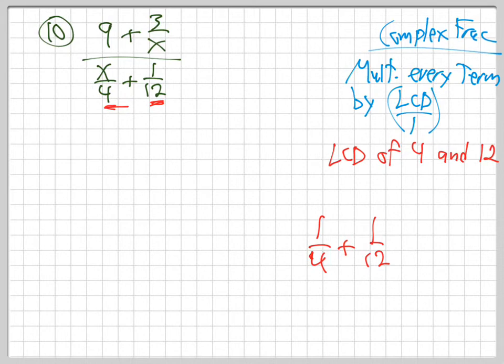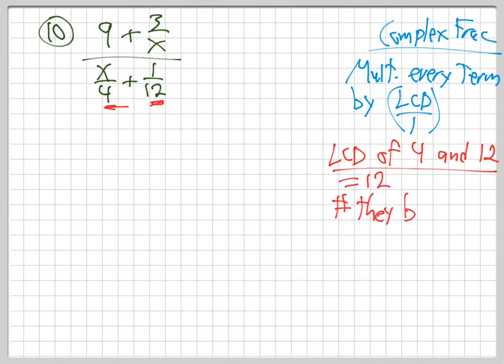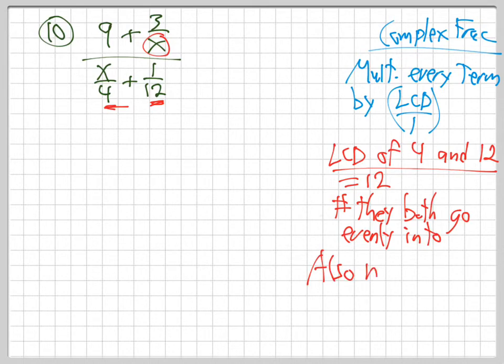So 12, the least common number, is the number they both go evenly into. So it's 12, and then you also need the x, because it's also in a denominator.